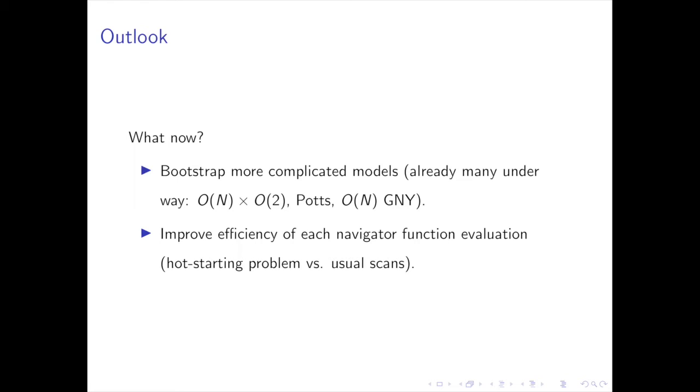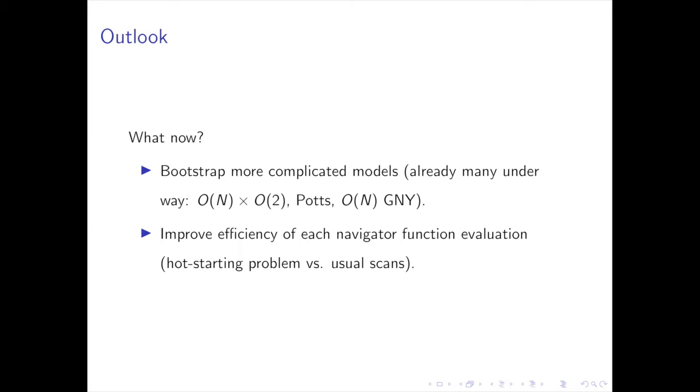And on the more numerical side, throughout the years, people in the bootstrap community came up with smart ways to make the scanning-based method more efficient. For example, if you're able to determine for a point if this point is allowed or disallowed, you determine that by solving some semi-definite program, and you can kickstart the solving of this semi-definite program at a nearby point by using the solution at the point that you just covered.